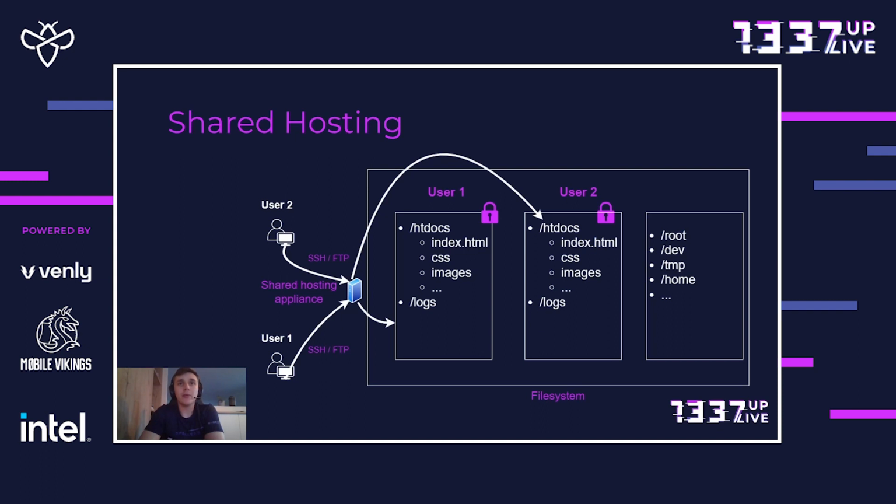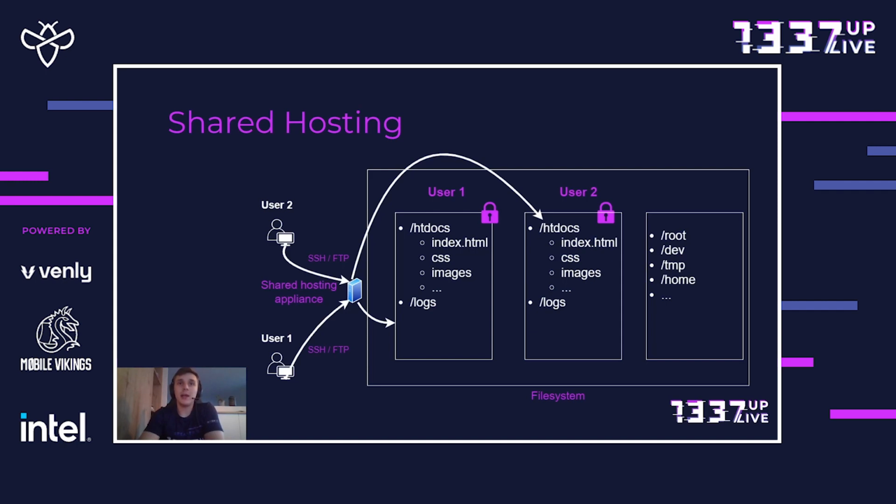Whenever user 1, for example, tries to access the files inside his webroot, he will use SSH or FTP and will land in his own controlled environment. Note that he is not able to access the files of user 2 or the files available on the appliance file system.